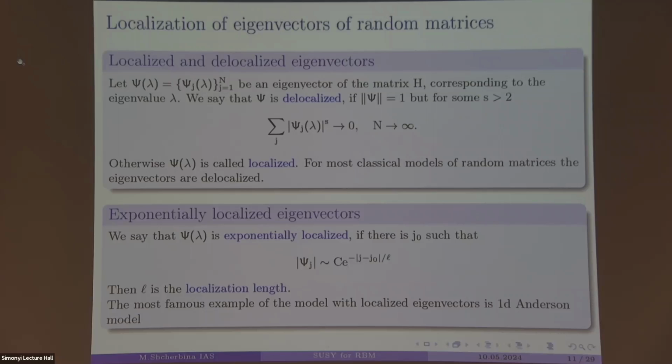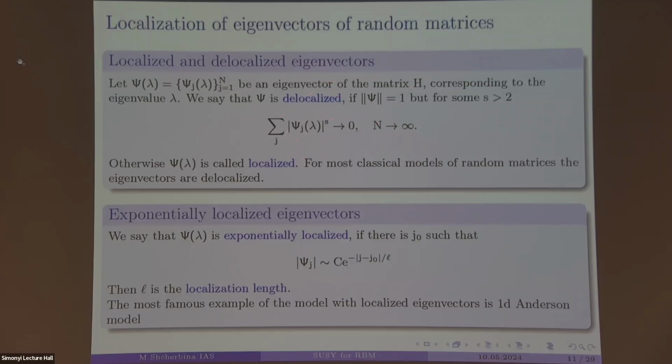So we have eigenvectors psi. We normalize this by n, and we take S bigger than 2 and consider the sum written here. Of course, if we put S equal to 2, you obtain 1 because of normalization.